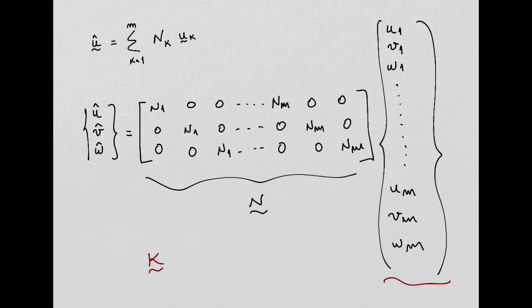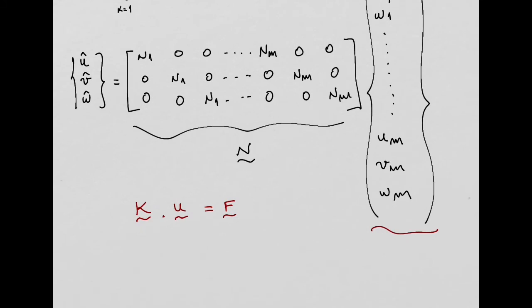Don't worry, we are going to see how to do that, times this vector of degrees of freedom equal to the force vector. So this is basically a linear system of equations where you will solve for this vector of degrees of freedom at the nodes. And how do you solve the system of equations? By inverting the stiffness matrix and multiplying by the force vector.